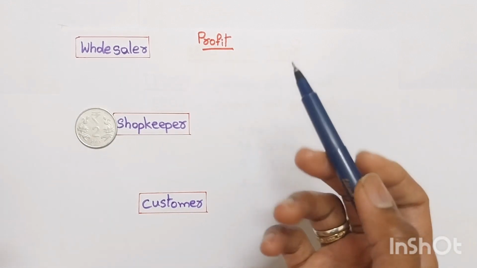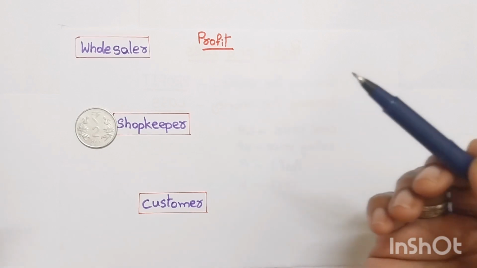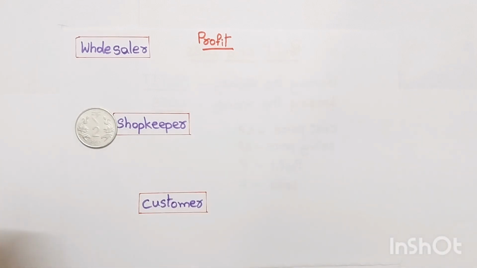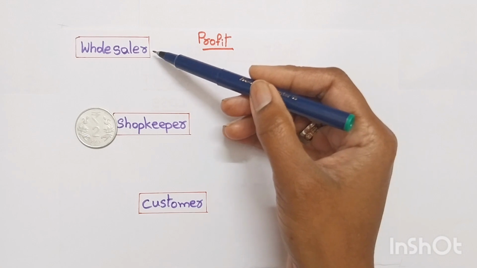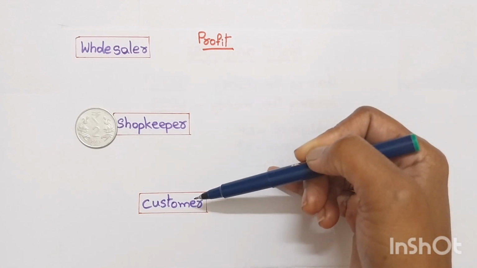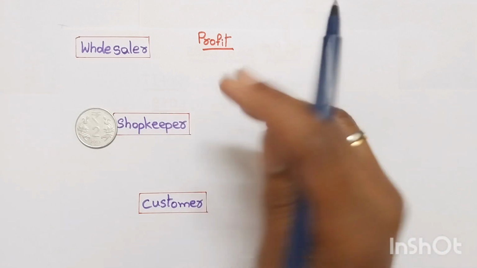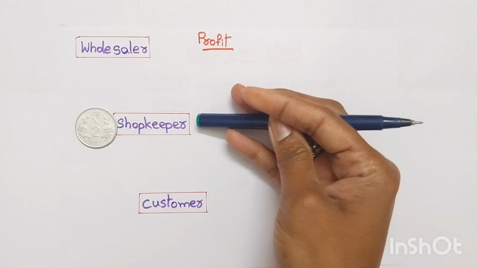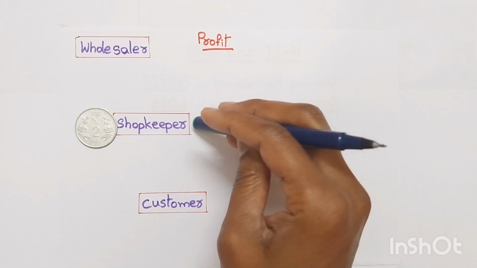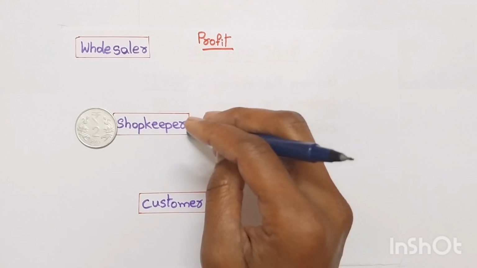To discuss profit, we take one example: a wholesaler, a shopkeeper and a customer. Mainly we focus on the shopkeeper, and we discuss the transactions based on the shopkeeper only.